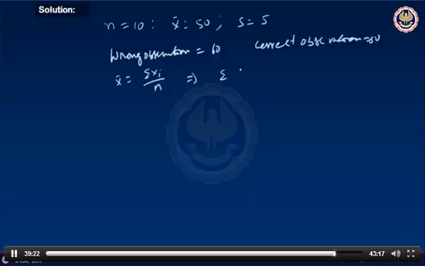From this, summation of xi equals n into x bar, which is 100 into 50, which is 5000.